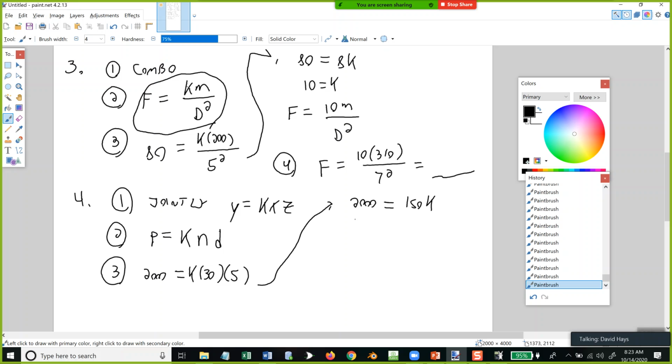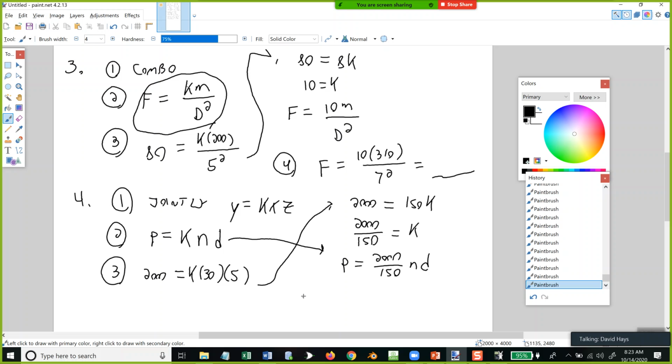Divide both sides by 150. Now, if you want to simplify that, you can. But since you're just going to plug it back into your calculator at the very end, it doesn't much matter. We now know what K is, so we'll plug that into the equation from step 2. So P is equal to 2,000 over 150 ND.